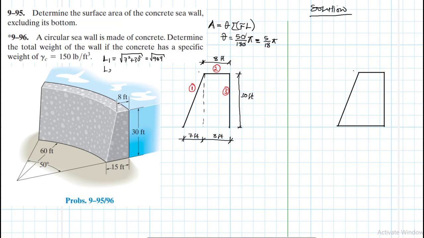Then line 2, its length is just known as 8 feet. Line 3, its length is known as 30 feet. Okay.